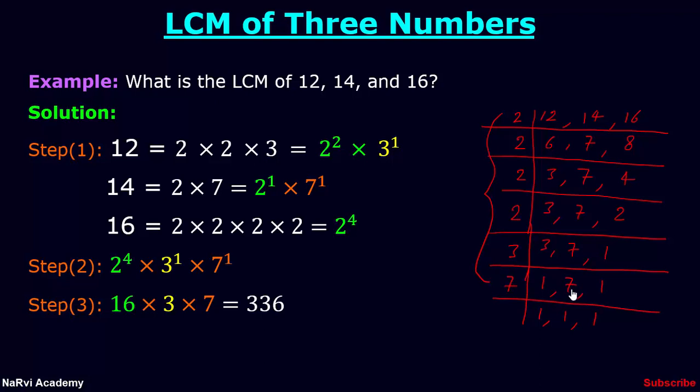At last we have number 7 which is only divisible by 7, so we can take 7 here. 7 1s are 7. So at last we just multiply these numbers and we will get our answer. Here's the answer, 336.